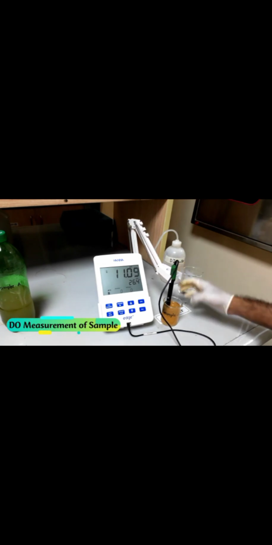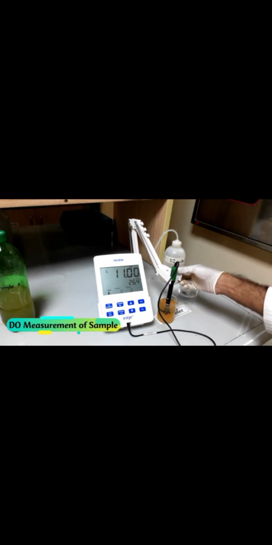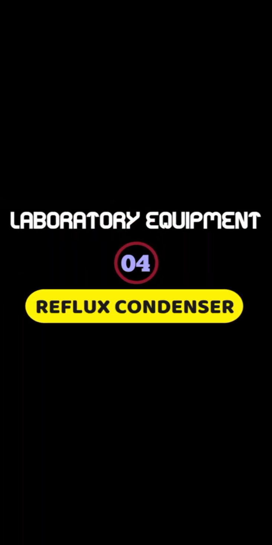And the DO of distilled water is usually 0. So during calibration, the DO meter must be brought to 0 reading before the sample is taken. So the major role of a dissolved oxygen meter is in water test.